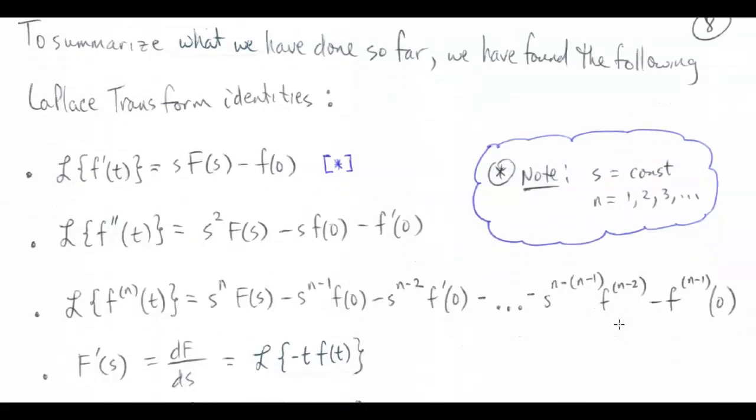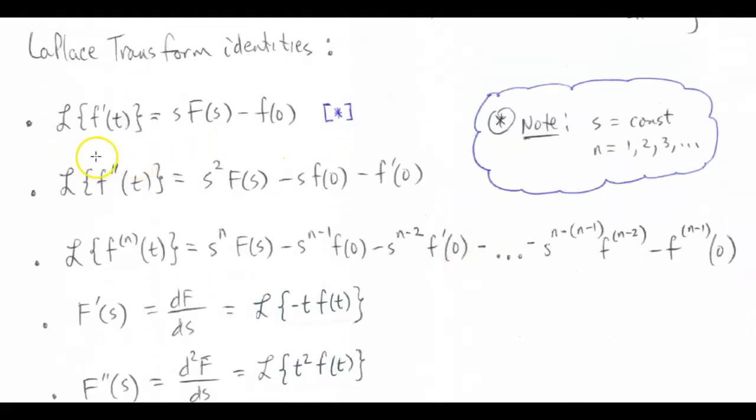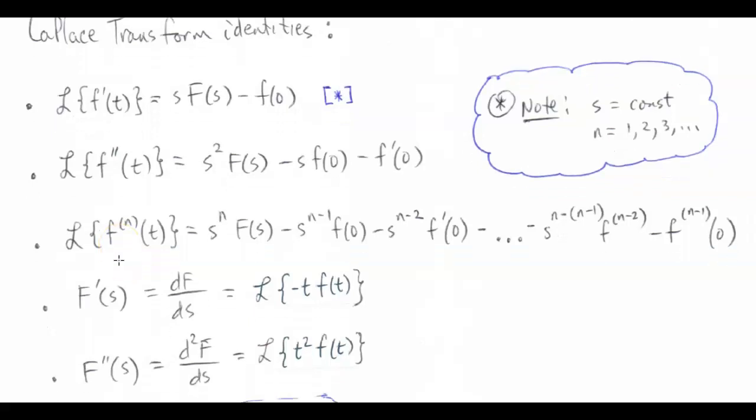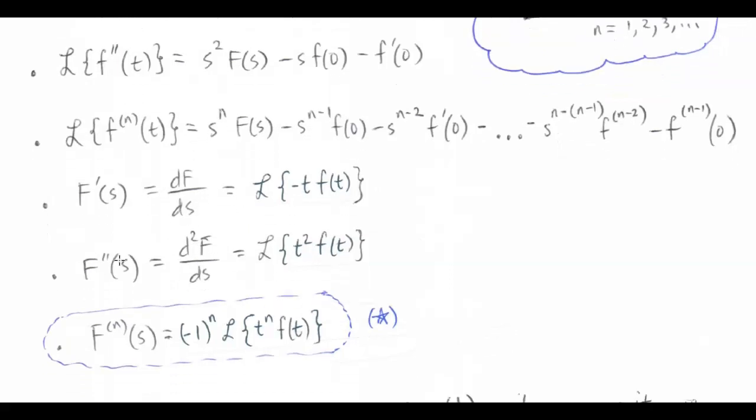And so to summarize what we've done so far, we know what the Laplace transform of the first derivative is, the Laplace transform of the second derivative, the Laplace transform of the nth derivative of some function in the time domain. We also see here that the first derivative of the Laplace transform of some function is going to be the same as the Laplace transform of minus t f of t.